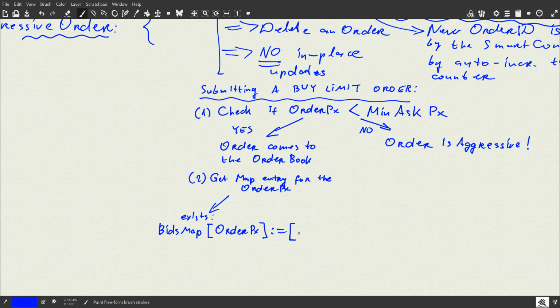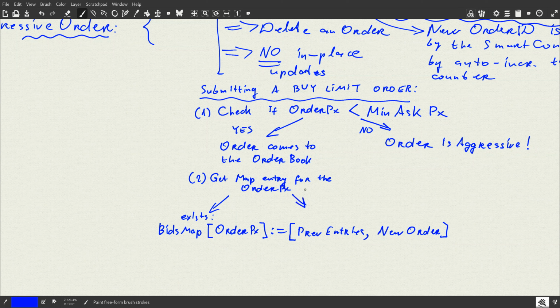Now it contains previous entries and new order at the end. So orders, if they correspond to the same price, they are arranged in the order of coming, latest at the end.